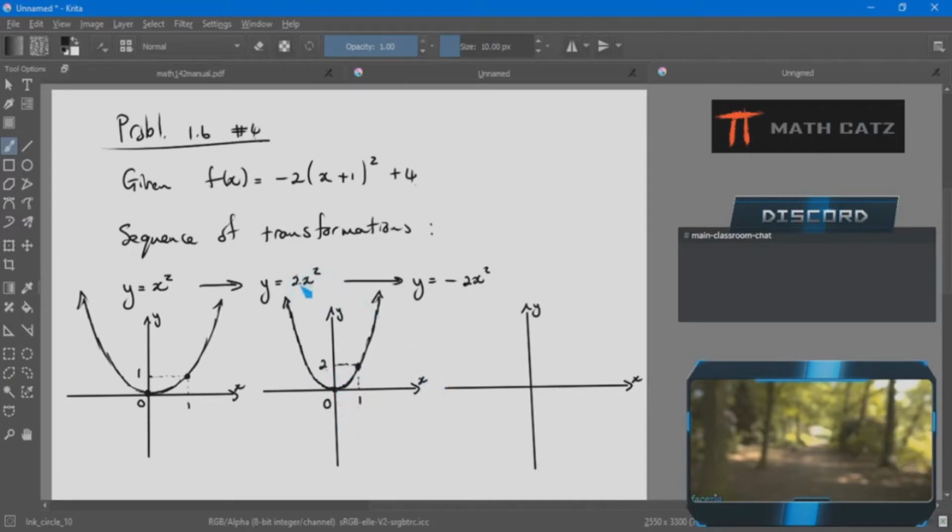Next, I take that whole right-hand side and I multiply it by -1, which flips everything vertically. So now everything is just upside down, trying to be as neat as I can be, but of course it's not an art class.